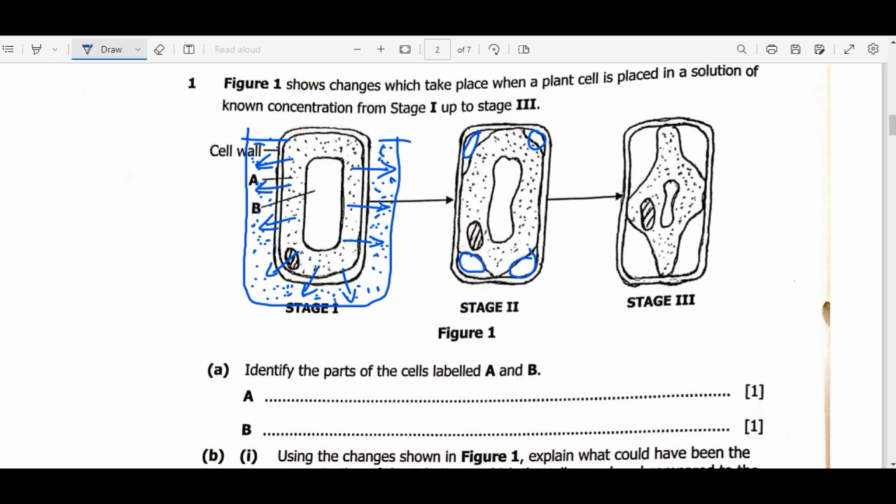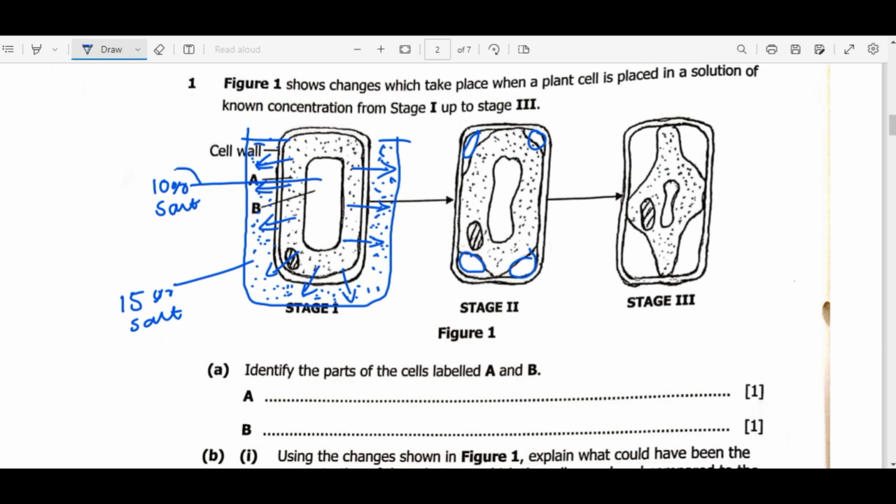Now, how can we make this easy for us to understand fully? Let's assign a certain percentage. Say in a cell there is 10% of salt, and in the solution we are going to have at least 15% of salt. If you look at the concentration, the solution with more solute is highly concentrated compared with a solution with low solutes.